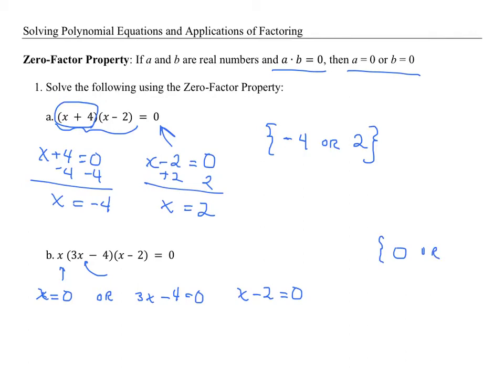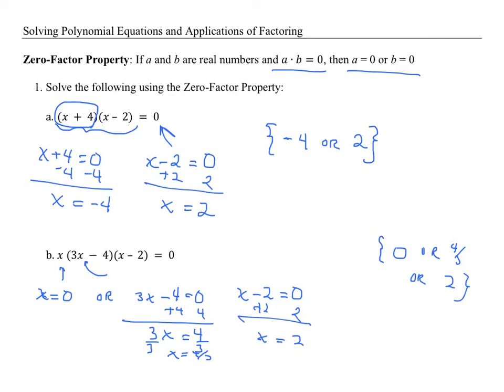This guy needs a little bit of solving for linear equations. I'll add 4 to both sides. Divide by 3. X equals 4/3. So I'll put 4/3 up here. Or, well, this one, I'm just going to add 2 to both sides. X is equal to 2. So there's actually three solutions to this polynomial equation.